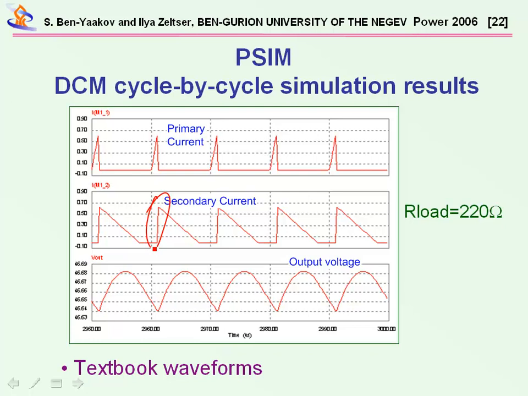And this has many benefits, of course, because then simulation does not suffer from big or major convergence problems. On the other hand, it's kind of masking some of the features of the circuit.